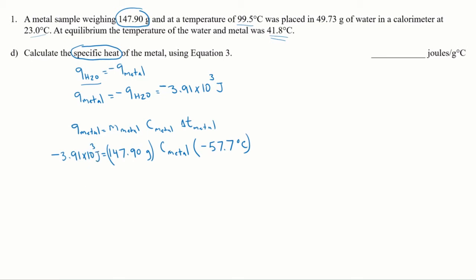And now I could rearrange my equation and calculate the specific heat of the metal, and that will be negative 3.91 times 10 to the 3 joules divided by the mass of the metal and the change in temperature of the metal.